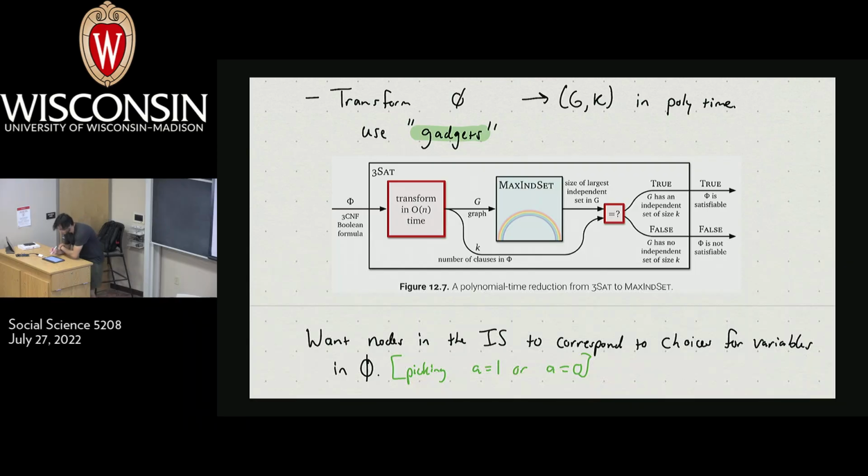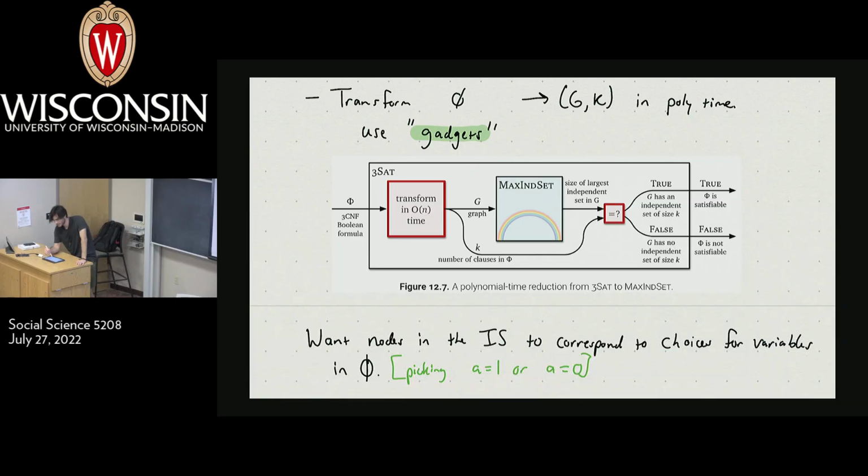This is what it's going to look like. We're given the formula phi. We transform it into some graph G and some k. Then we check: does G have an independent set of size k? If it does, we output true. If it doesn't, we output false.